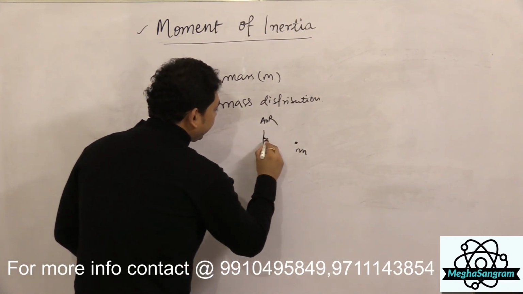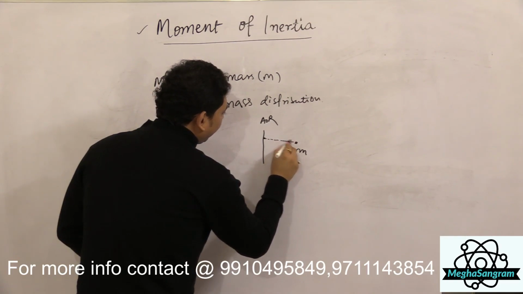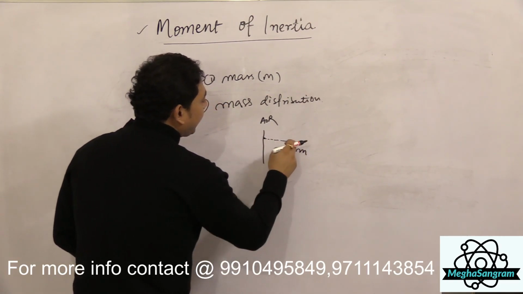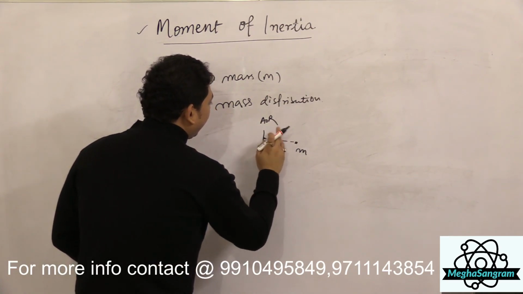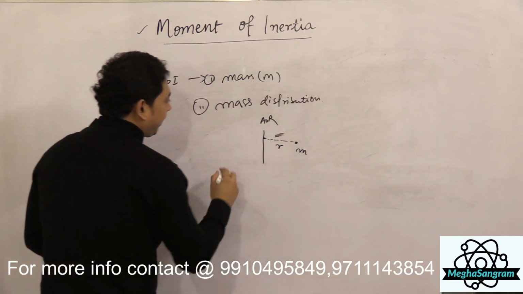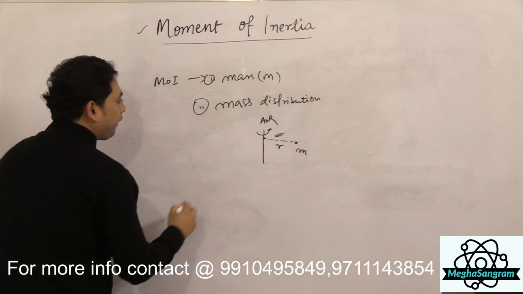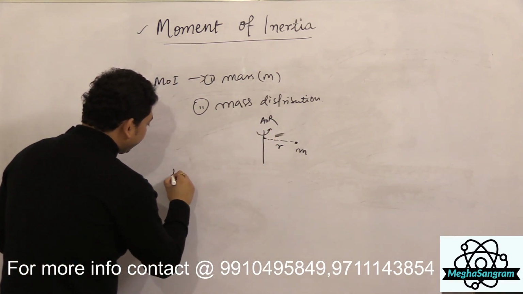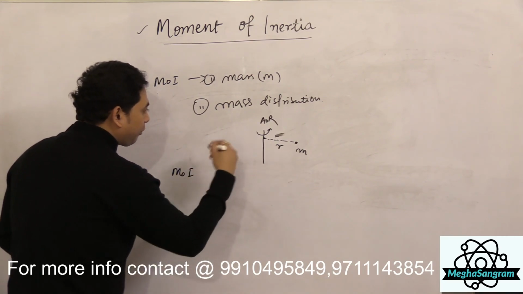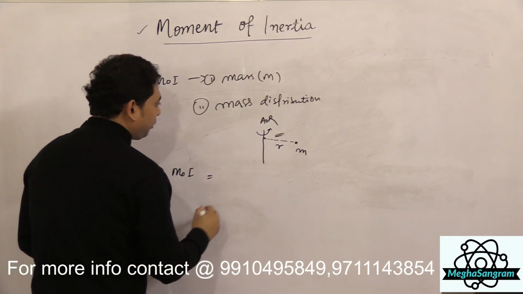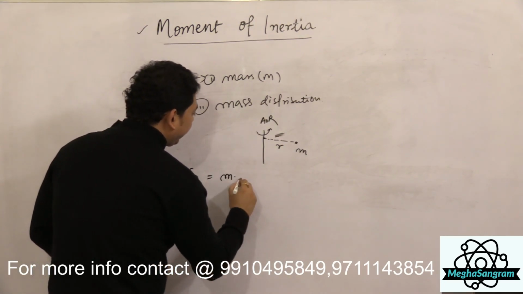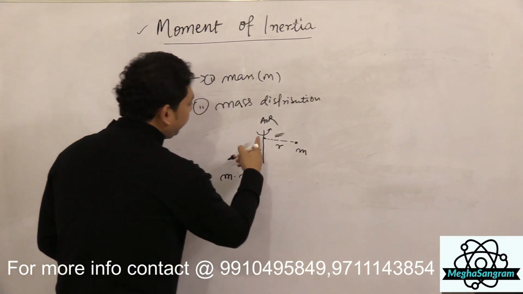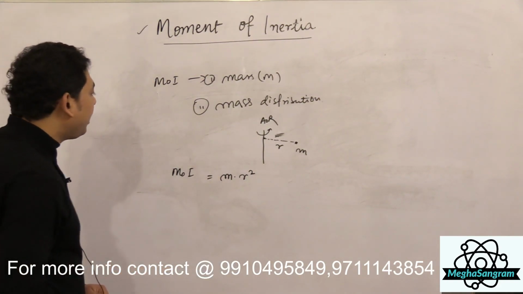Then we can say that the distance between the axis of rotation and the point mass is r. Then moment of inertia of that point mass is equal to the mass of the body and the square of the distance between the axis of rotation and the location of the point mass.